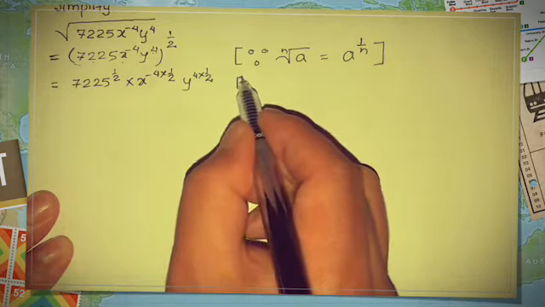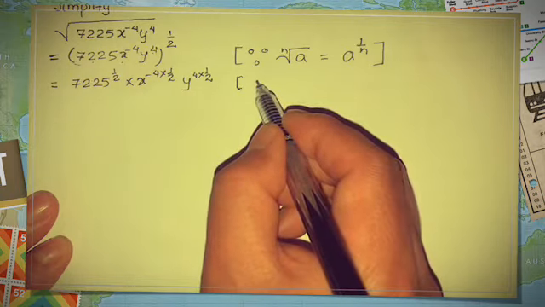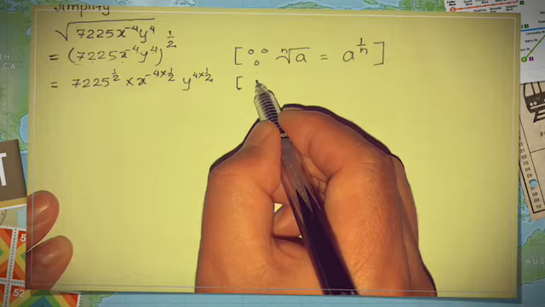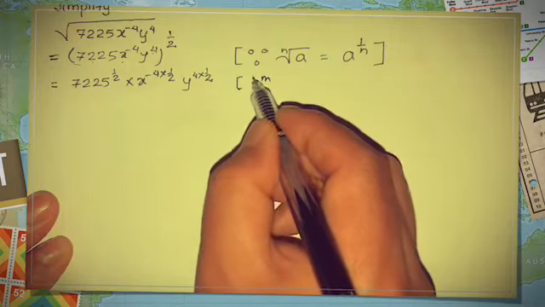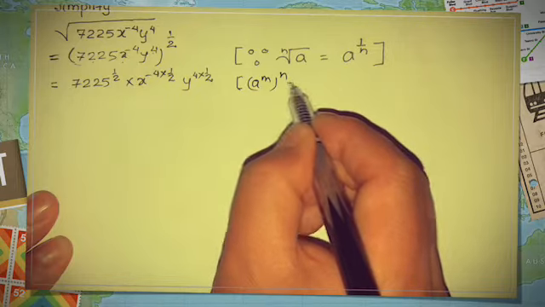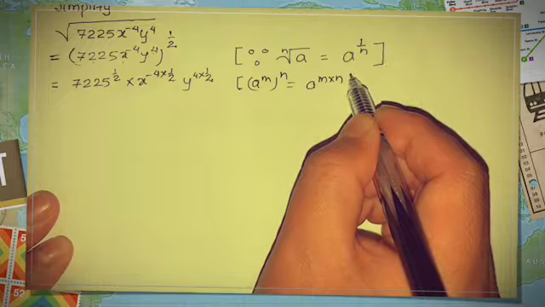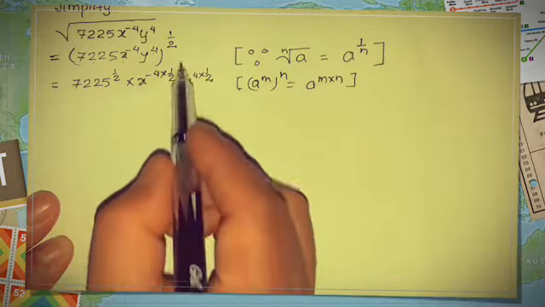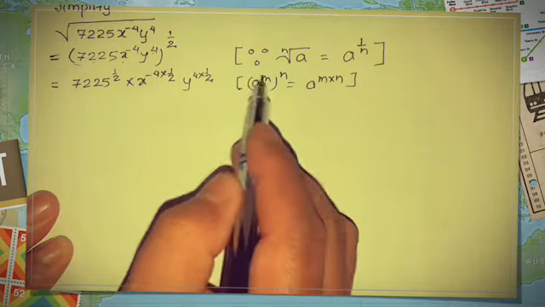There is a law of raising a power to a power. That means if we have a to the power m and it again has a power n, then their powers are multiplied. Okay, so this law is used here.